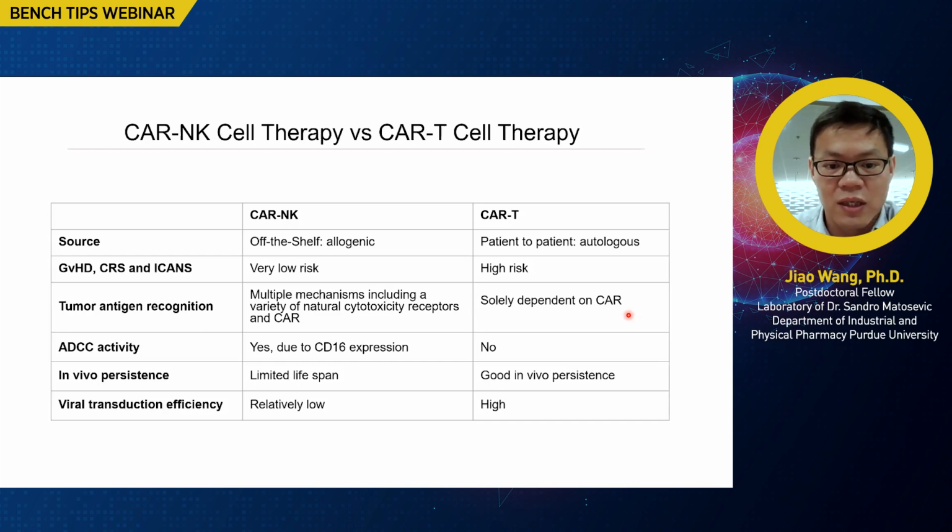Third, they have multiple mechanisms to recognize the target cells, not only dependent on the CAR structure. Finally, they have ADCC activity, which is mainly due to CD16 expression. Of course, NK cells compared to T cells also have some disadvantages, including limited in vivo persistence and relatively low viral transduction efficiency.